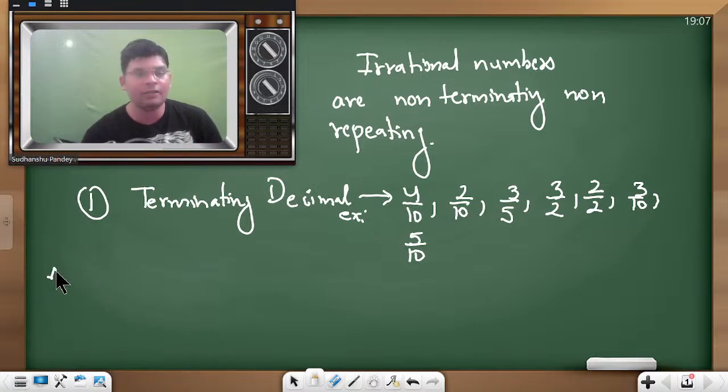Now, what is a terminating decimal? If I need to write the definition, I will write: first of all, the terminating decimals are rational numbers.